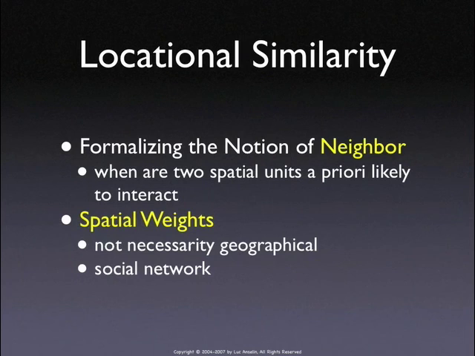You know, are gangs social networks or are they spatial networks, and that they're associated with particular streets or street corners or sides of streets versus, you know, people who connect in various ways and form a social network. So there's also a notion of economic neighbors, social neighbors. It's very general. And in one of the readings, I just put it there for your information because it's like 40 pages. But there is a review of non-geographic notions, general notions of spatial weights, and there's a lot of them.